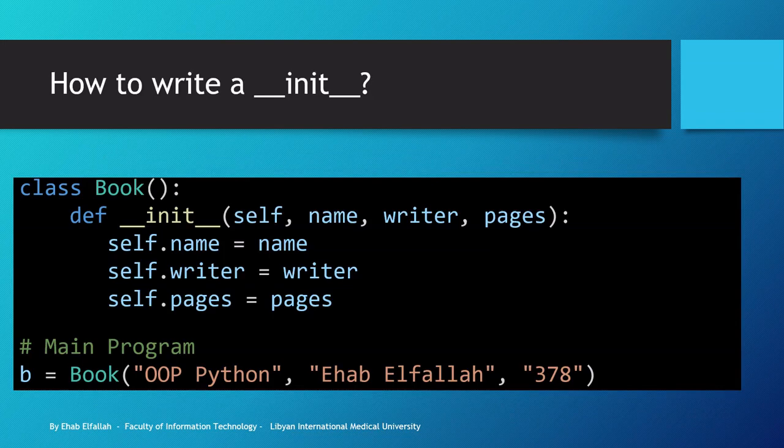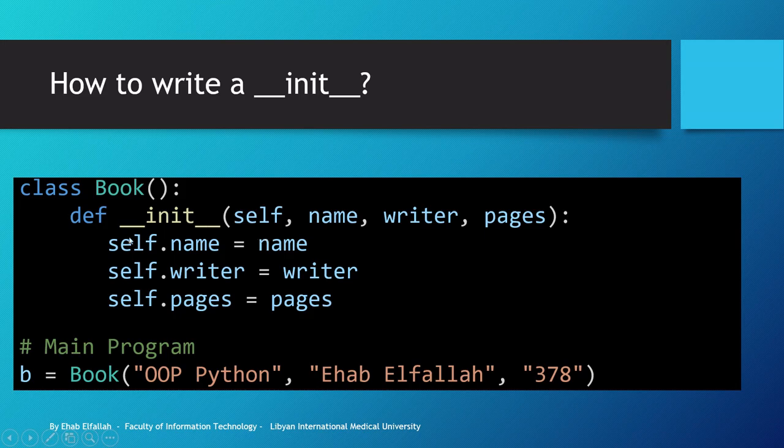So, for example, how do we write the init method? Say we have a class Book, and we have three attributes in this class: name, writer, and pages. We define the constructor by writing def, then two underscores, init, two underscores, and inside the parentheses we pass the parameters of this class.